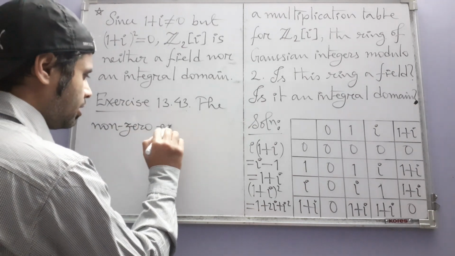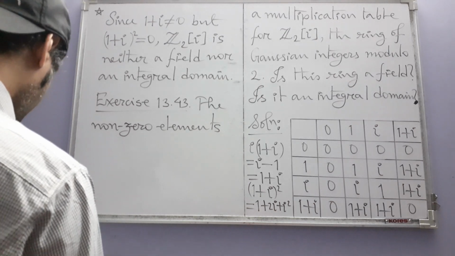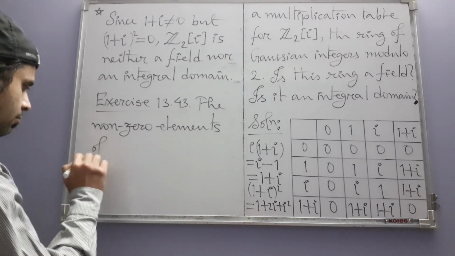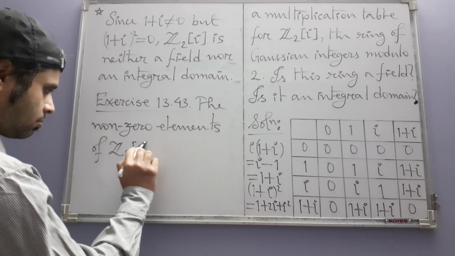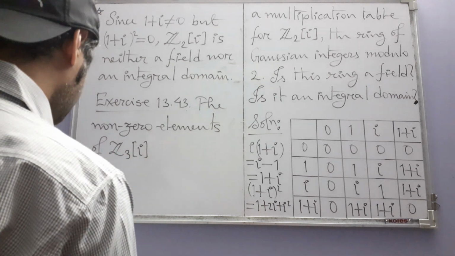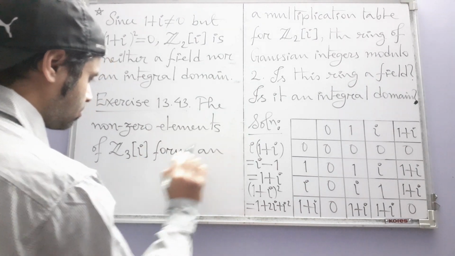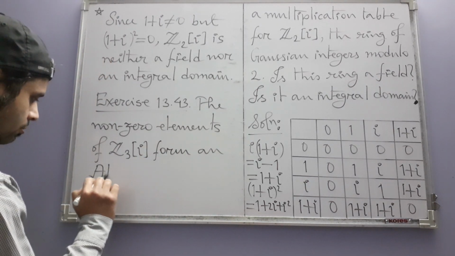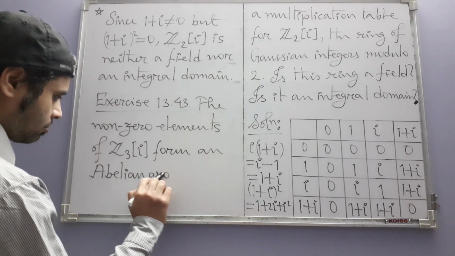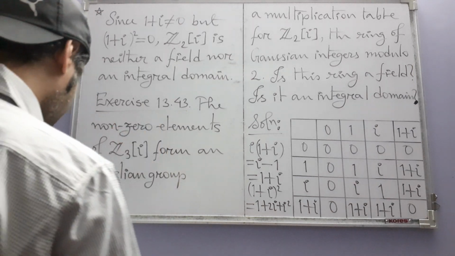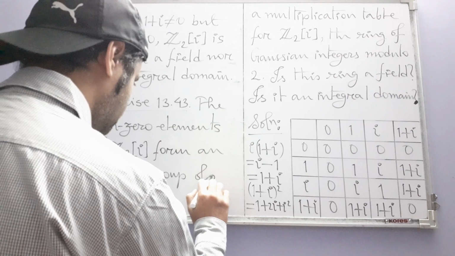The non-zero elements of this ring form an abelian group of order 8.